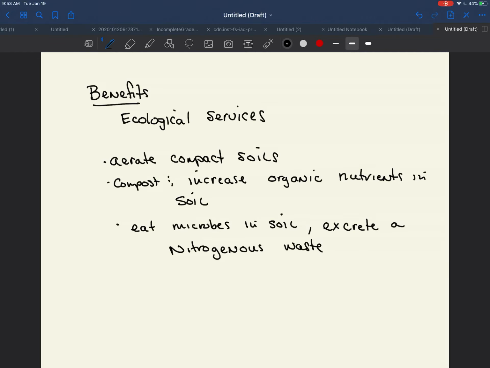So we could say, if I have lots of earthworms in my garden, maybe I don't have to put as much fertilizer in there because they're fertilizing the soil, specifically nitrogen. So nitrogen tends to be a limiting nutrient in soil. And so that is one other additional benefit to having earthworms around.